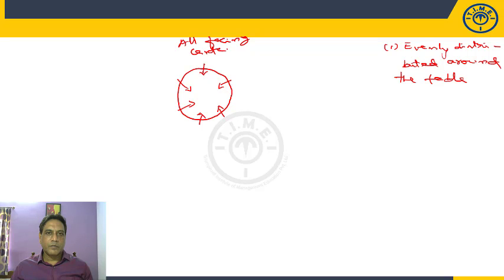Now when they are facing the center, for this person, this is right side and this is left side. Now, if you look at the circle, if you assume that this is a clock, this side is nothing but anti-clockwise direction.